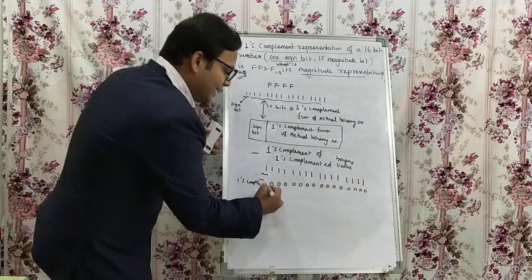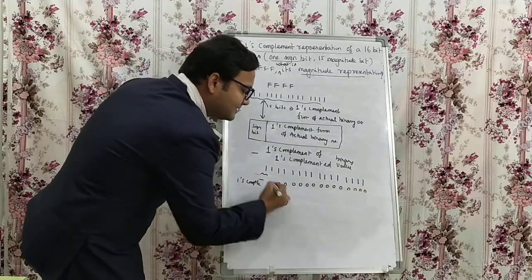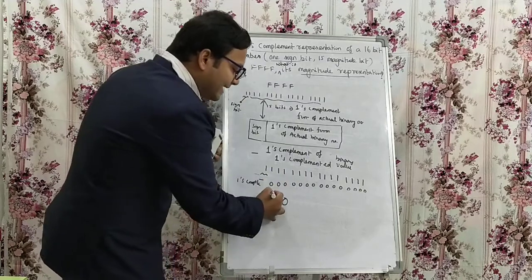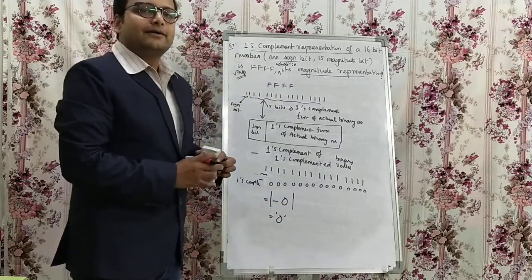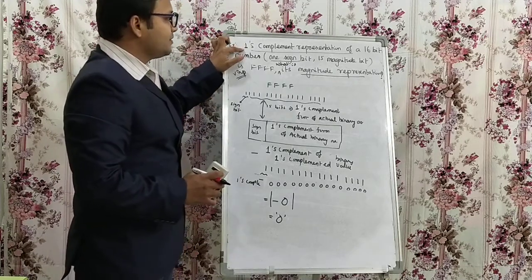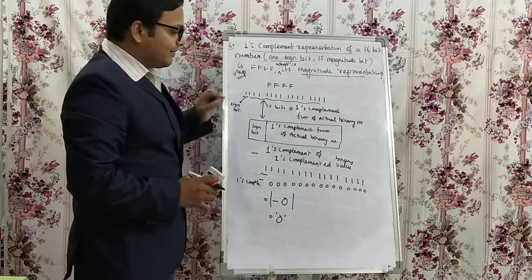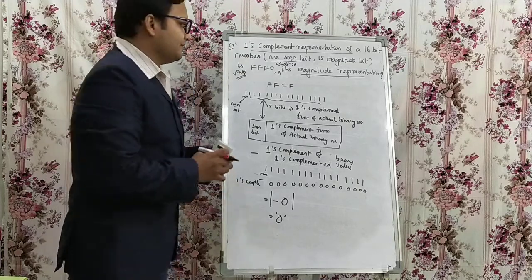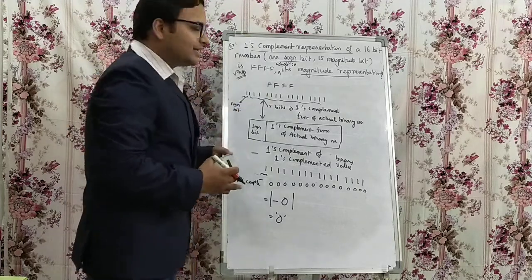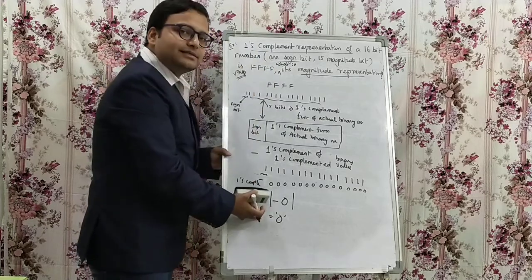So what is the actual binary value here? Minus 0, and it's asking for the magnitude of minus 0, which is 0. So 0 is the answer. Okay, all of you understand? If it is the ones complement representation of a 16-bit number, then the magnitude of the actual binary value is 0. If it is the 2s complement representation of the 16-bit number FFFF, then it's 1.